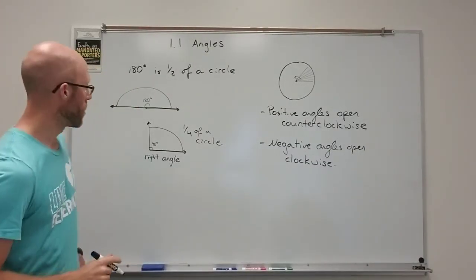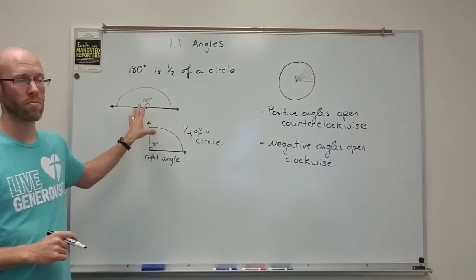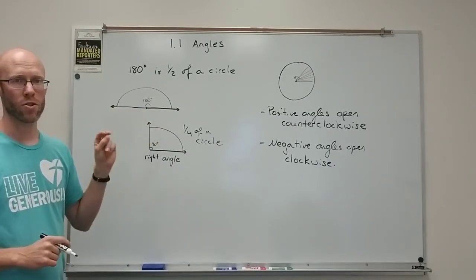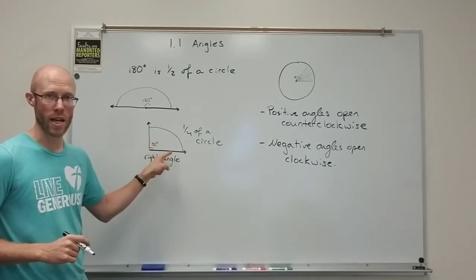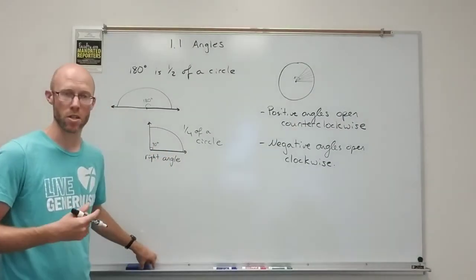Now, these two examples give us some other definitions. If we have two angles that together make a right angle, we would end up with something called complementary angles.